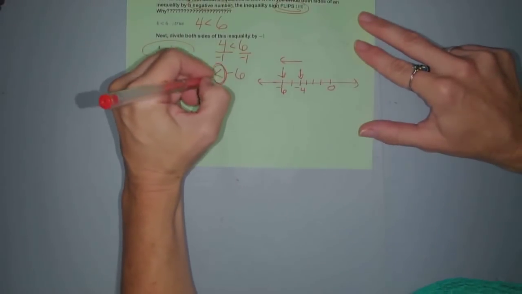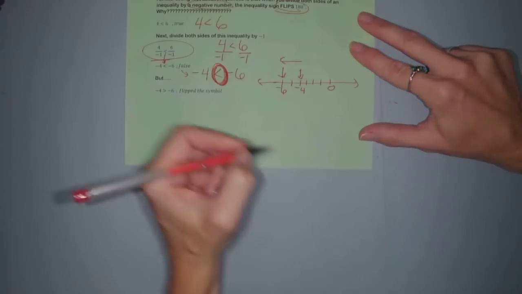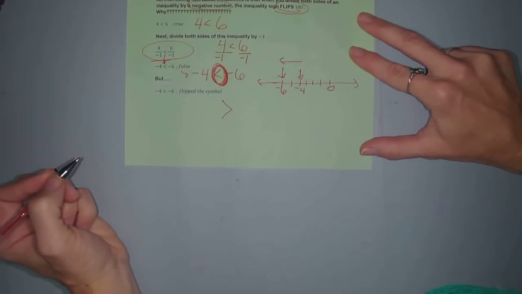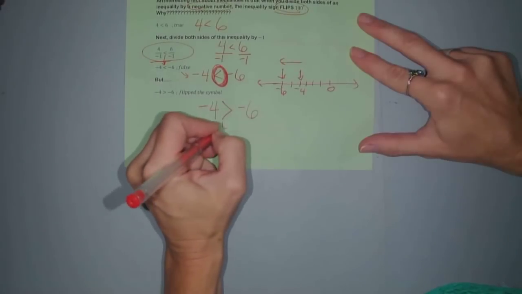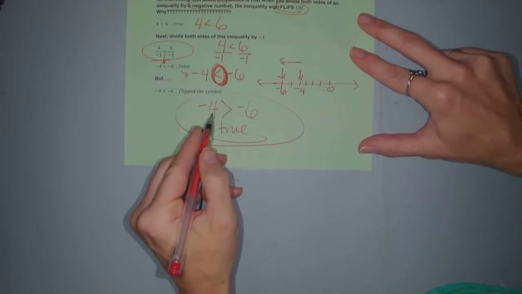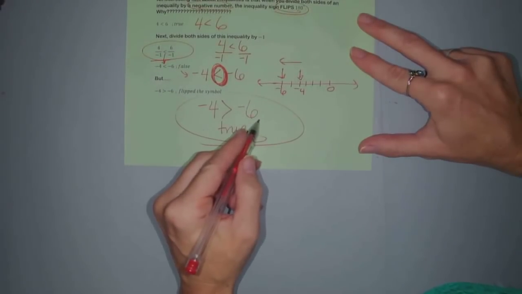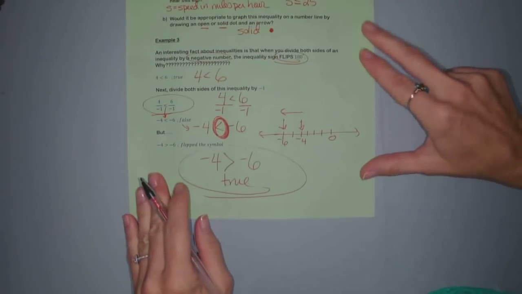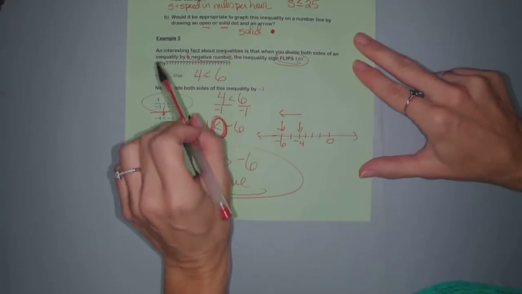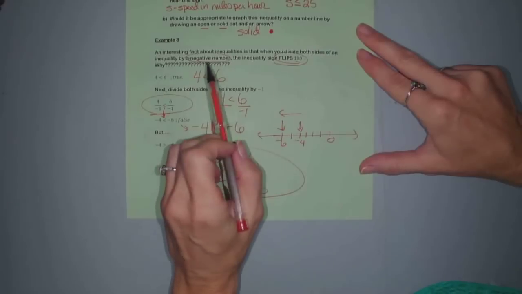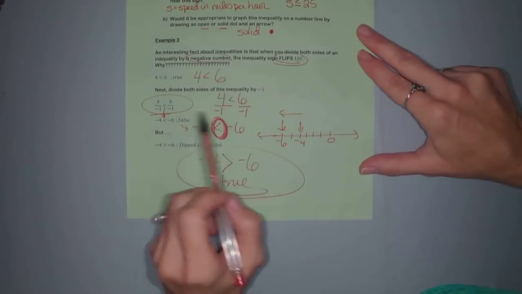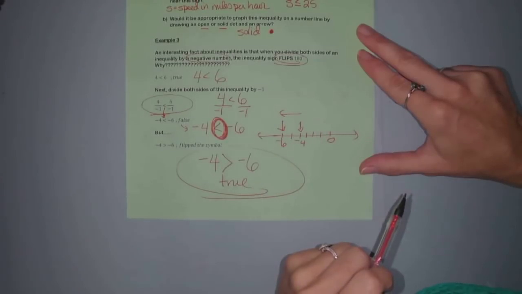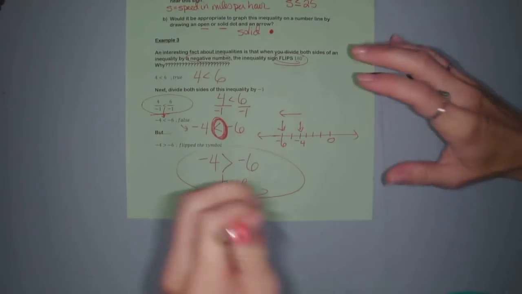So you take this little symbol and you flip it 180, and now your statement is true. -4 is greater than -6. So the idea is, guys, you got to memorize this. When you're dividing by a negative number, only when you're dividing by a negative, in an inequality, you flip the symbol.